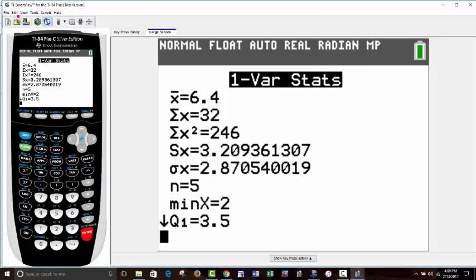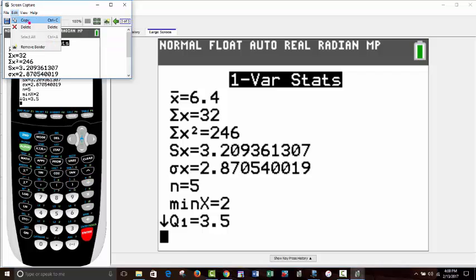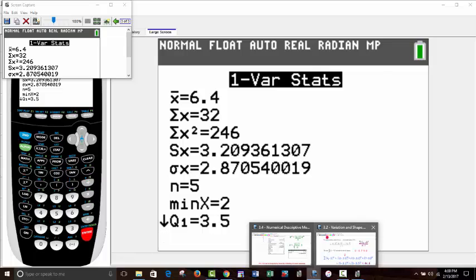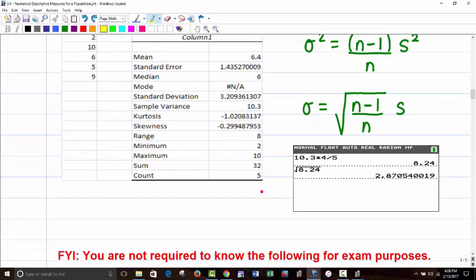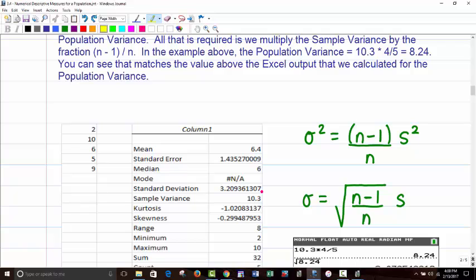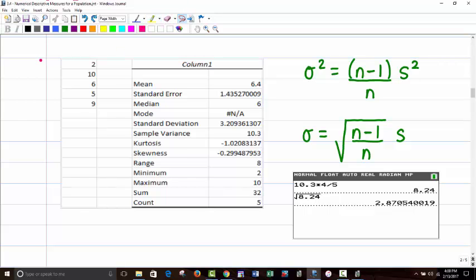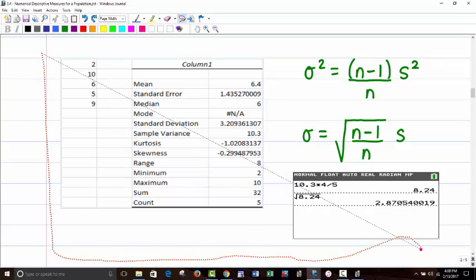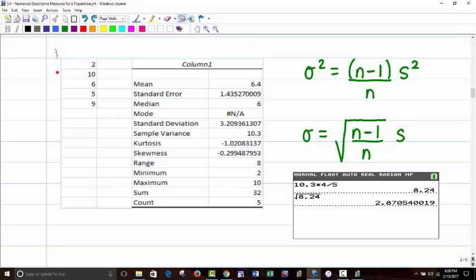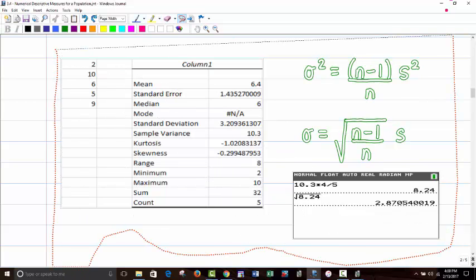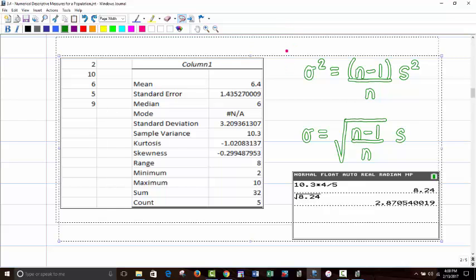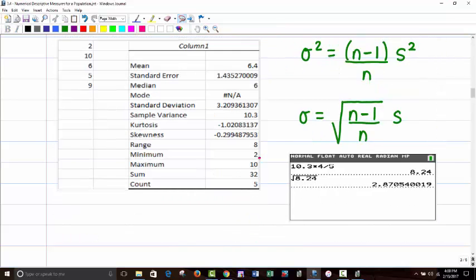We have, let's see if I can squeeze that in there somewhere. Yeah, let's lift this up a little bit. Let's shrink that a little bit.